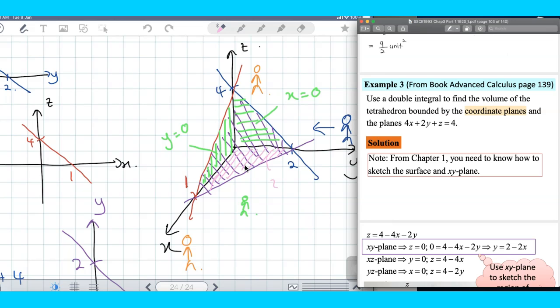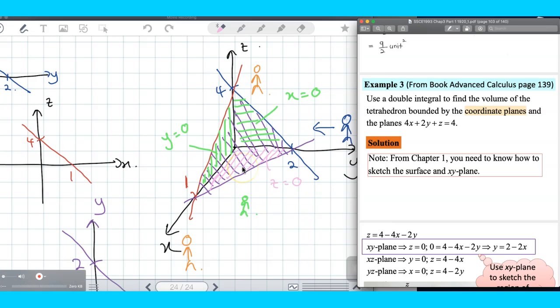This one belongs to z equal to 0. So now you have a solid that you can touch, and it is now closed. That is why we can evaluate the volume, because it is closed. It is a closed and bounded surface, where the tetrahedron is covered, bounded, or enclosed by all the coordinate planes.